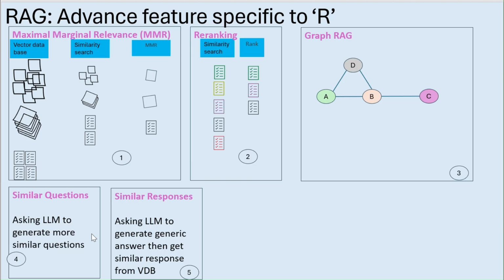Now number 4. Sometimes for the question which comes, you may not get similar context based on your cutoff. Then you ask the LLM to generate more, similar questions like this, and the LLM will give you those questions. Then you pass all these questions to your database and get the relevant context. This is useful. For example, say you have data from chemistry, but the question comes, what is Newton's law?